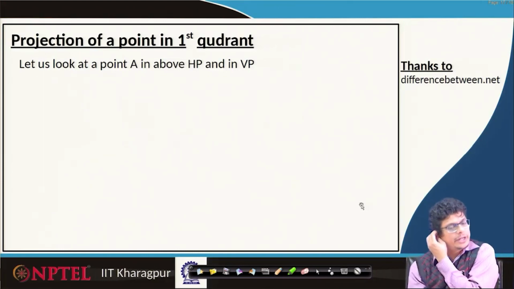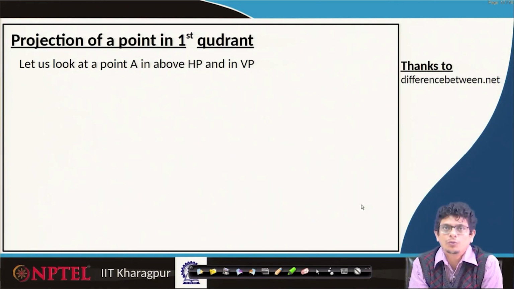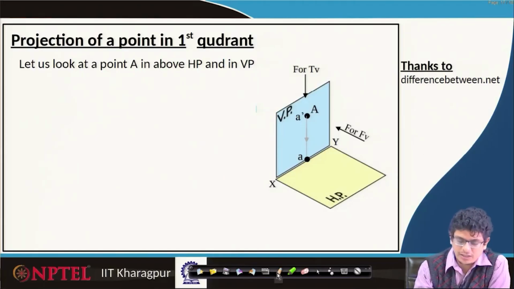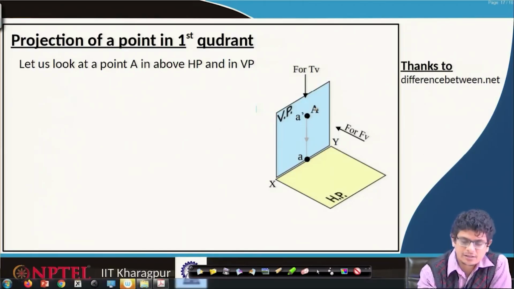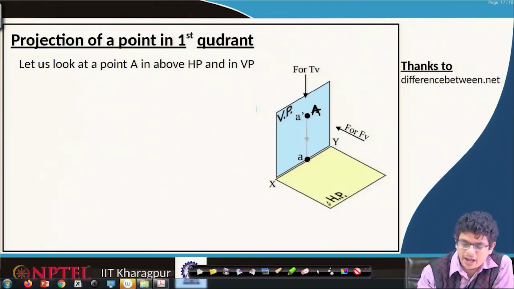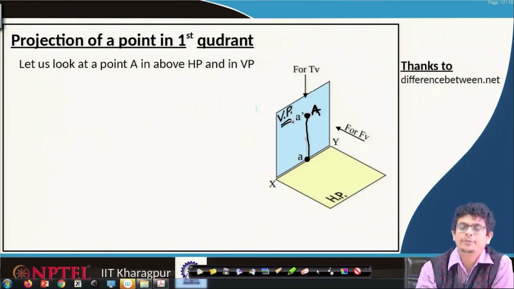Let us look at a point A above the horizontal plane, but on the vertical plane. For example, let us pick point A. It is above the horizontal plane, but it is on the vertical plane.